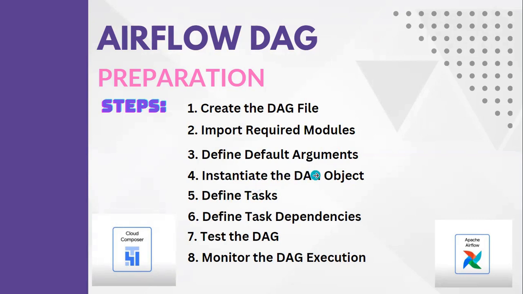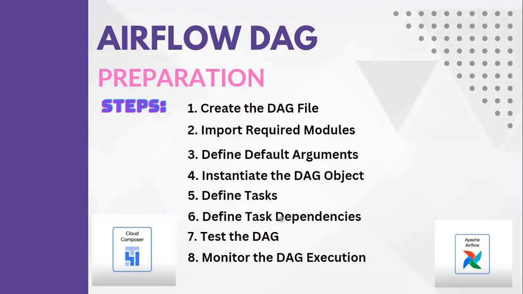After the instantiation of the DAG object, you need to define the tasks involved in the workflow of that DAG file. Finally, you need to set the task dependencies among the tasks that you created. These are the five or six fundamental sections that are important while preparing the DAG file for the Airflow environment.